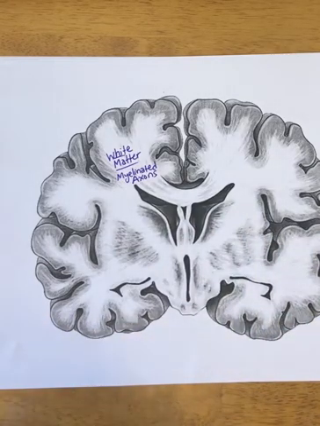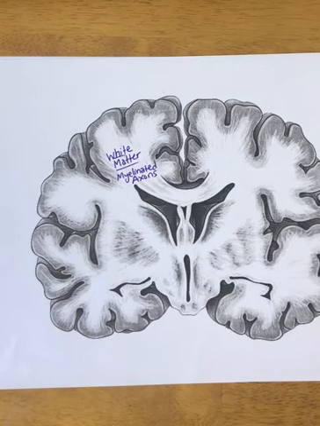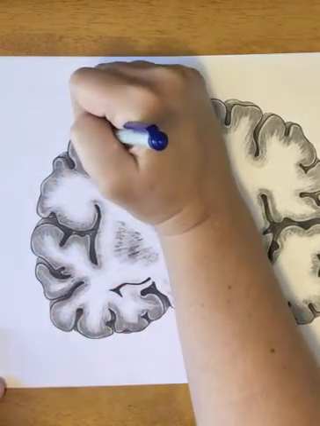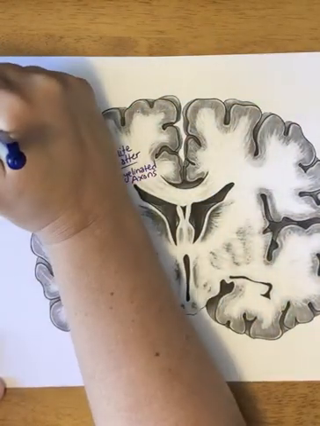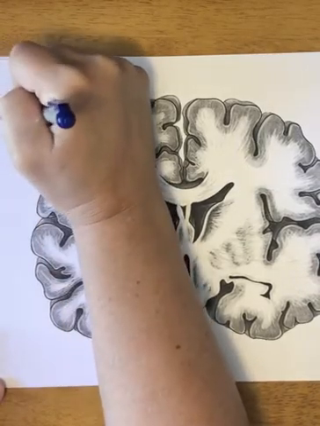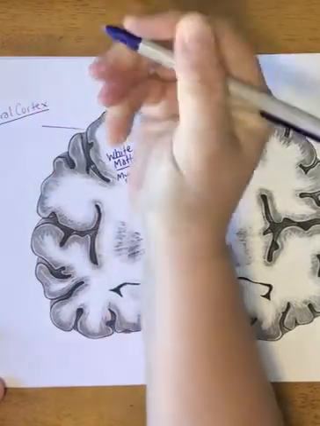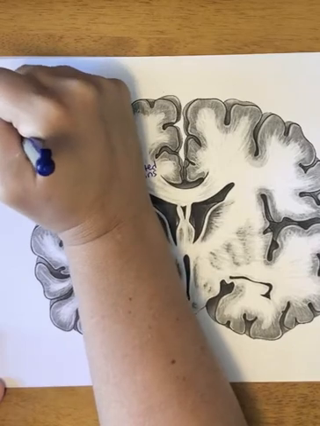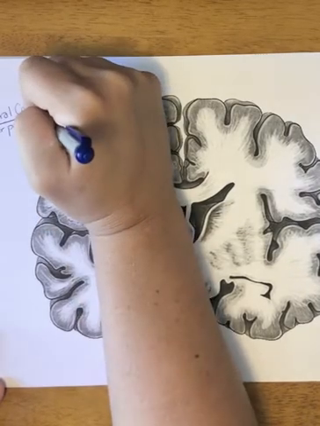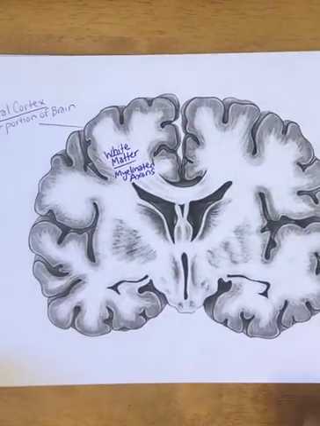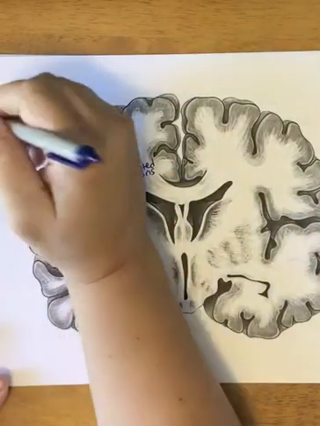Now, it's easiest to see gray matter on the outside. We're going to call this the cerebral cortex, the outer portion. It's very thin, but it consists of gray matter.